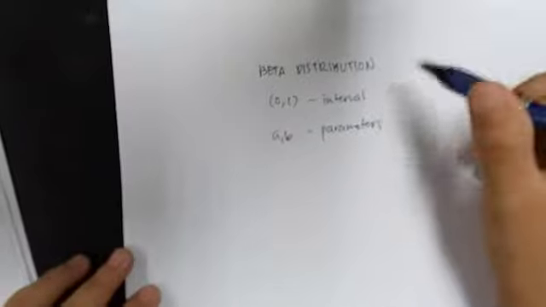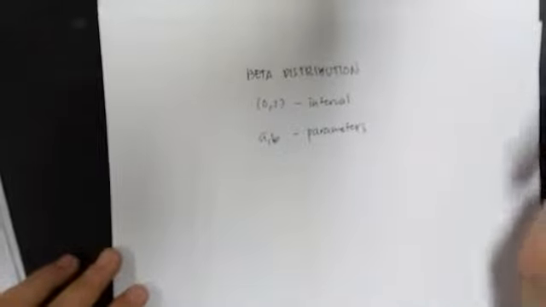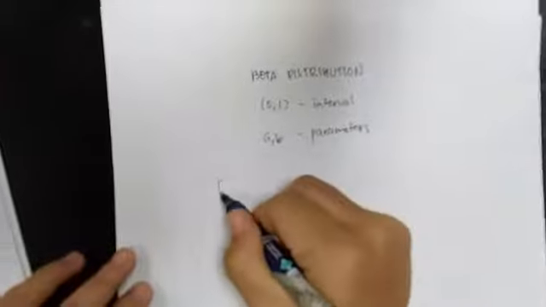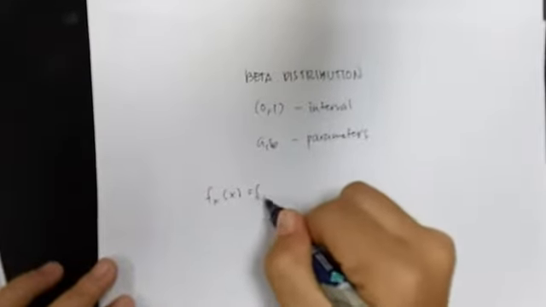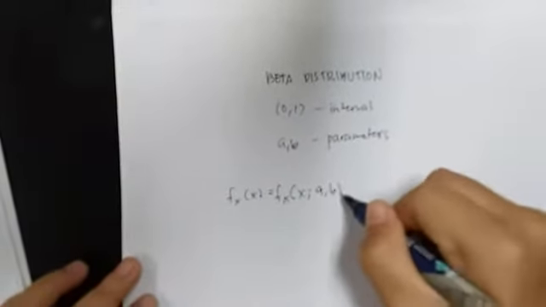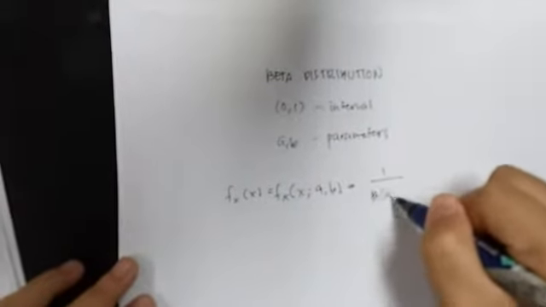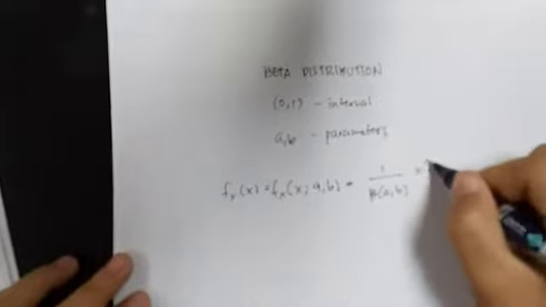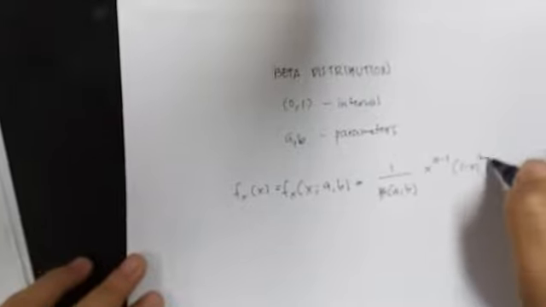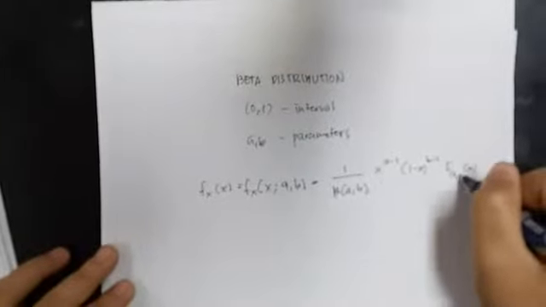Now, to give you the concrete mathematical definition of the beta distribution, this is the one. If a random variable x has a density given by f sub x of x given a and b equals 1 over B of a and b times x to the power of a minus 1 times the quantity of 1 minus x to the power of b minus 1, times the indicator of x from 0 to 1.